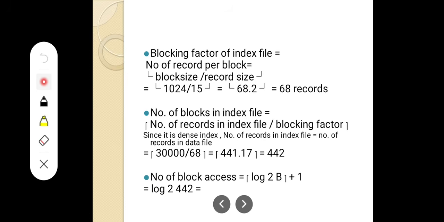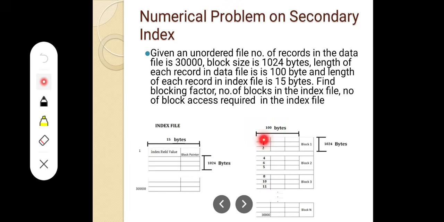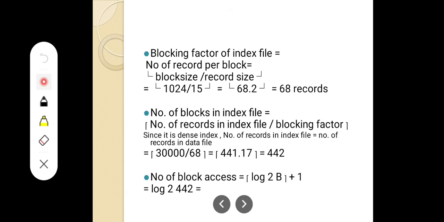Since it is a dense index, number of records in the index file equals number of records in the data file, which is 30,000.